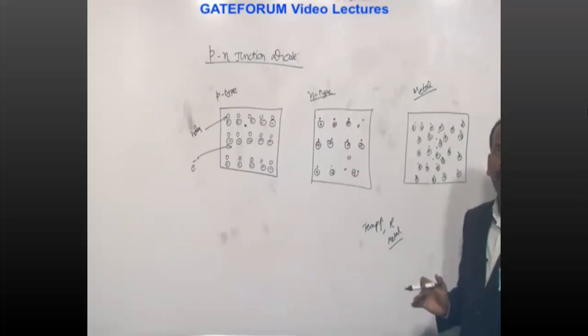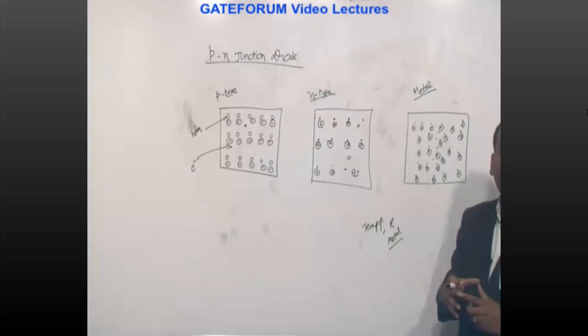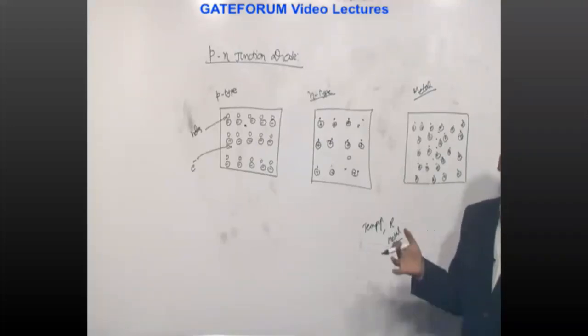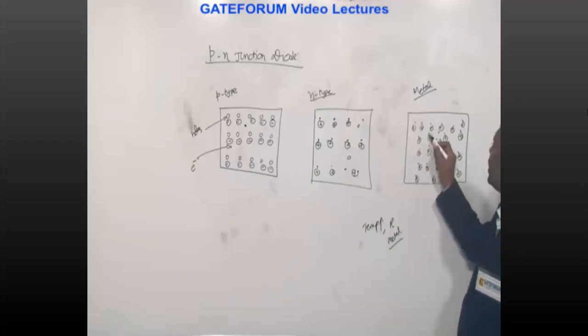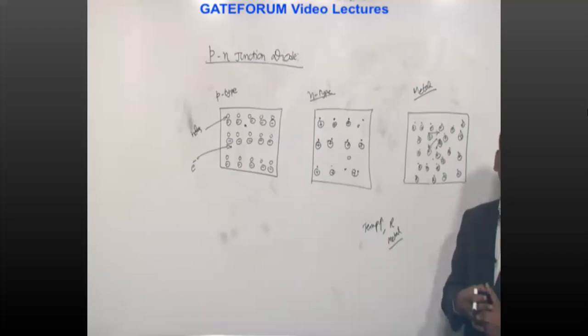These free electrons are moving randomly within the same space, and the number of electrons is so large that they keep colliding with one another, so more collisions take place.